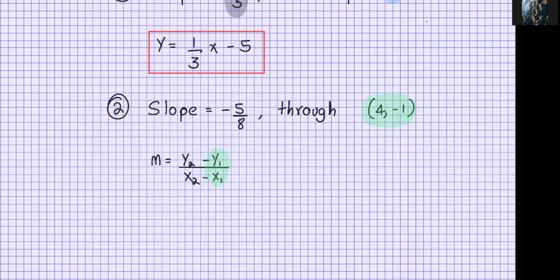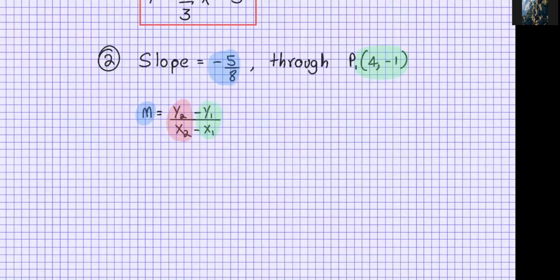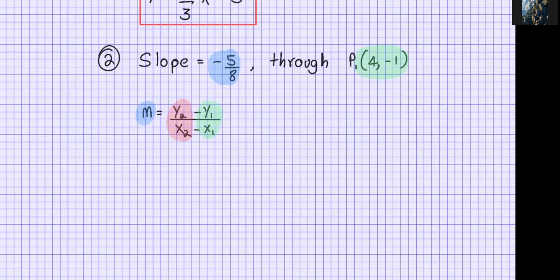So let's call this point just point 1. We already have also the slope, which we will substitute here. And we're just going to remove the subindex 2 from these ones. We're going to do this because we need to have both variables, x and y, in our equation. So in other words, we will have something like this.